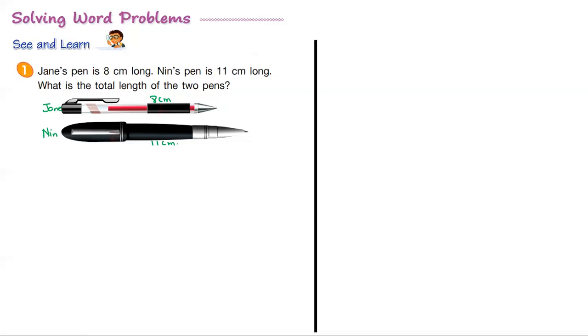Okay. What is the question? What do we need? What do we have? Now, what is the question here? The question is, what is the total length of the two pens? Let's write it here.